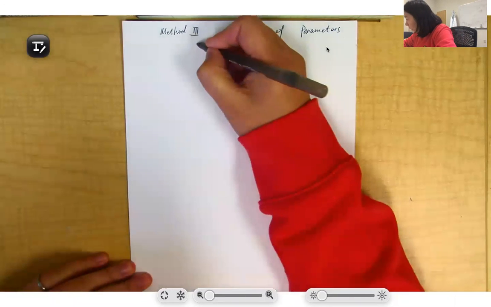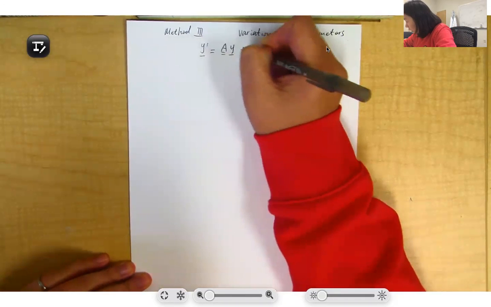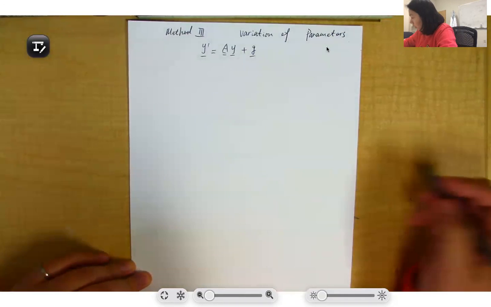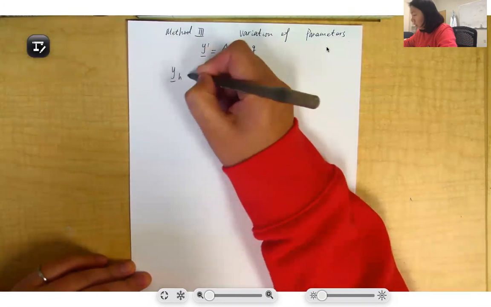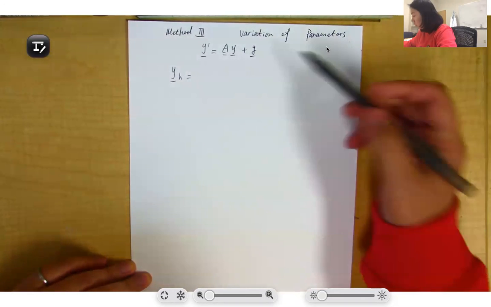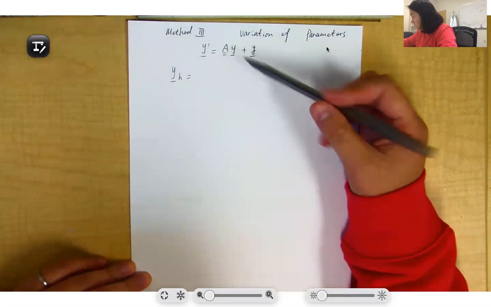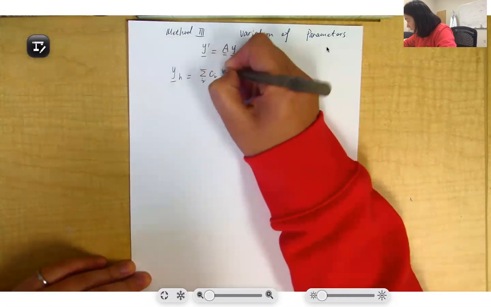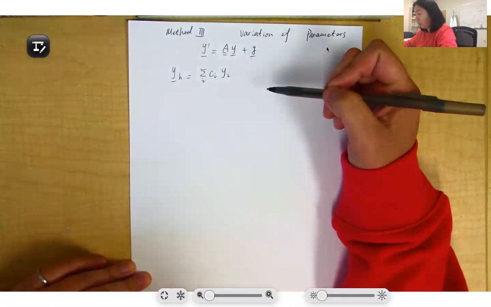So we are still trying to solve y prime equals Ay plus g. Then you know the yh is your homogeneous solution, which you solve from y prime equals Ay. Then you can get this as a combination of all the linearly independent solutions.